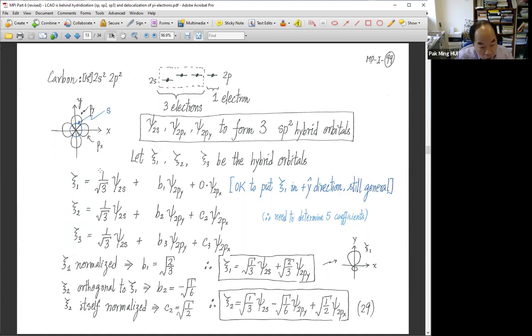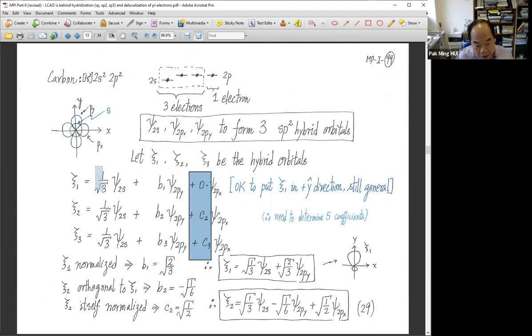And therefore, the coefficient for the S atomic orbital is 1/√3. So that will save us from solving 9 coefficients to solving the remaining 6 coefficients.